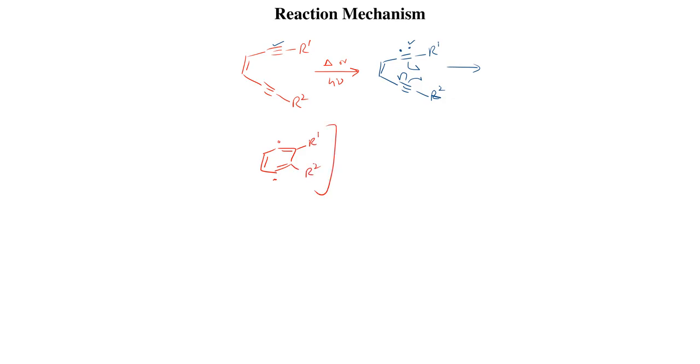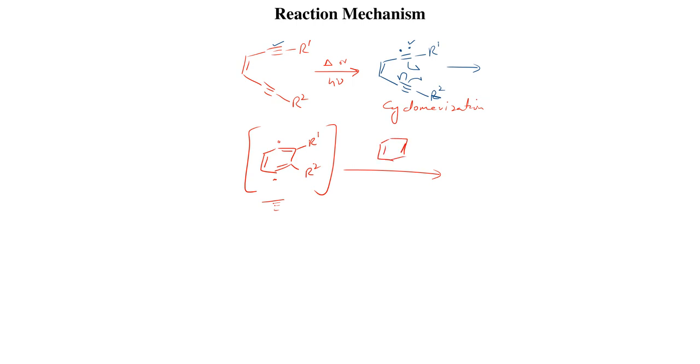So as a result of this cyclization reaction, it produces this intermediate. And in the reaction mixture, this diene is also used.